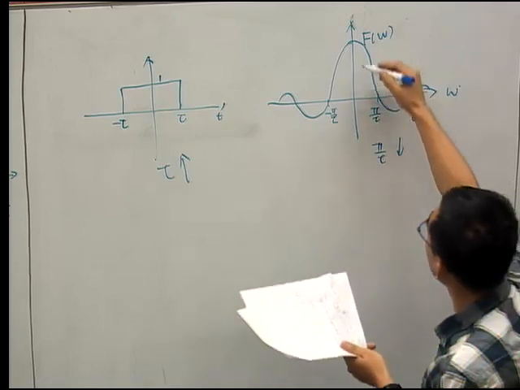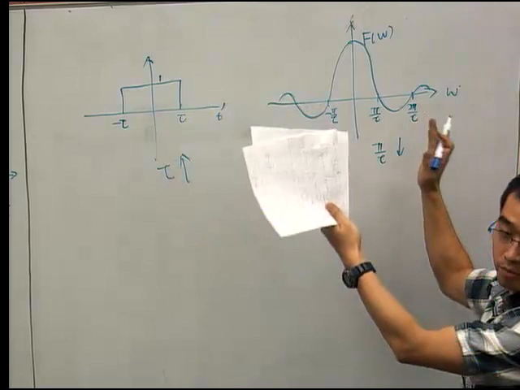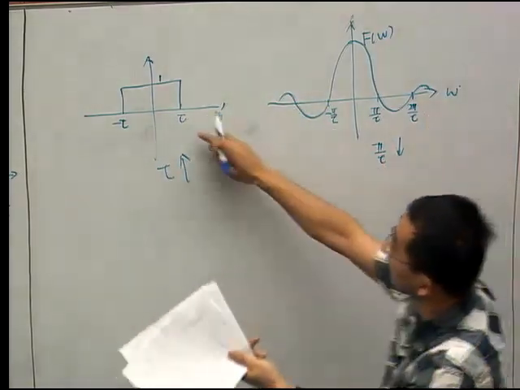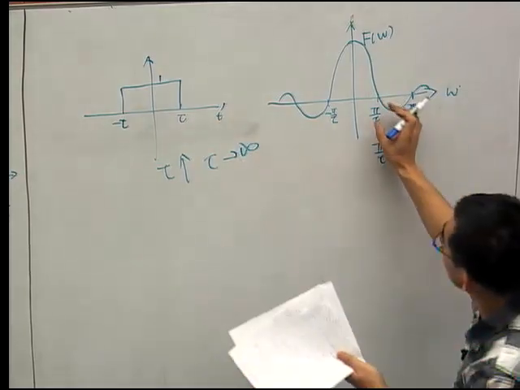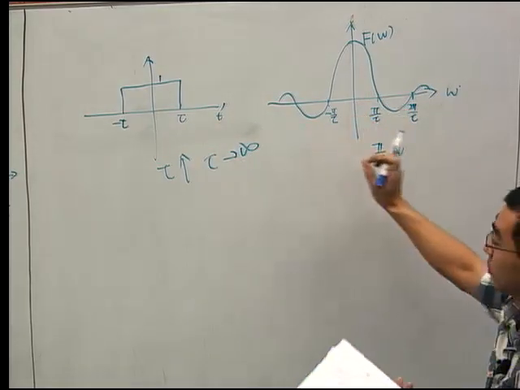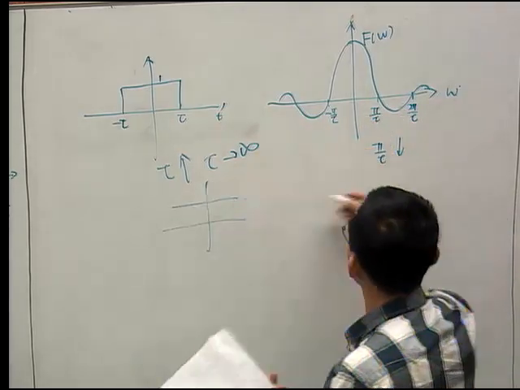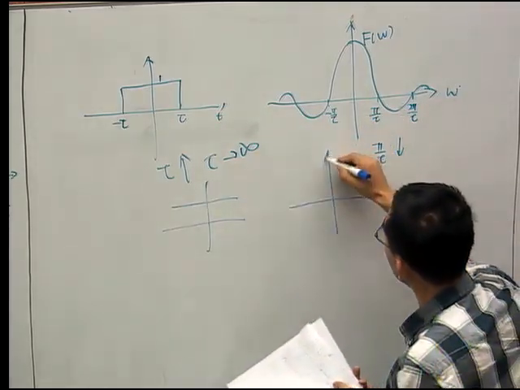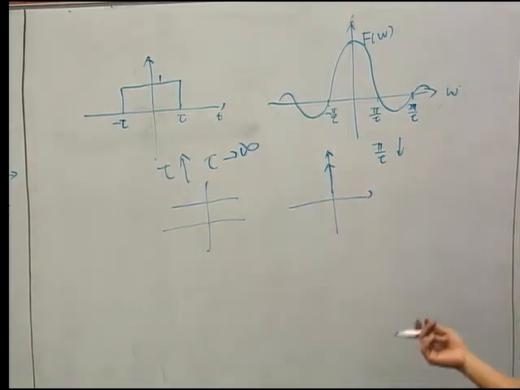So you basically shrink it, it becomes narrow. If tau goes to infinity, then this goes to 0, right? That's a delta function. So this means that basically you have a DC here, and here you will have a delta function.